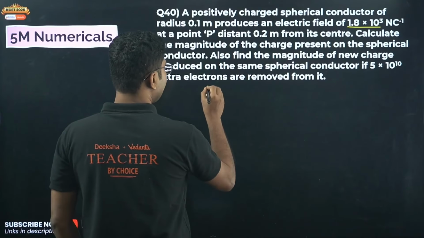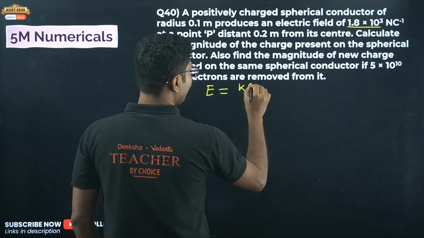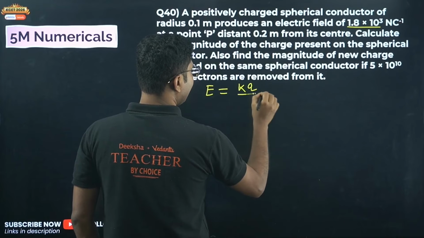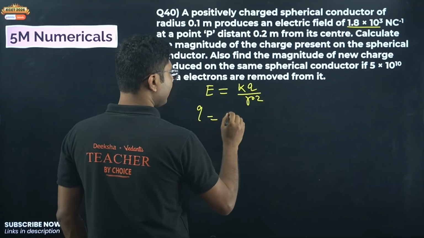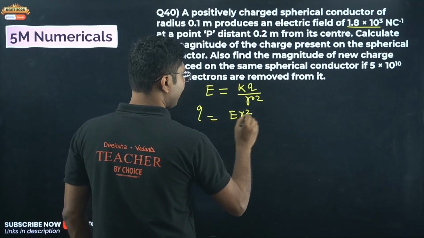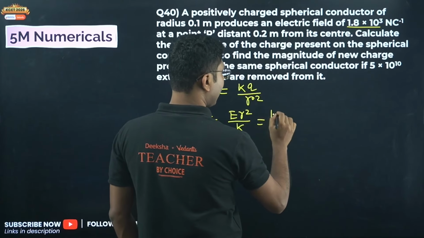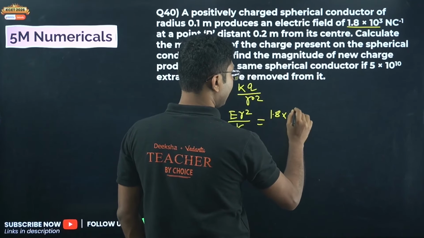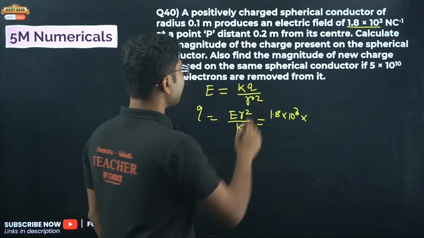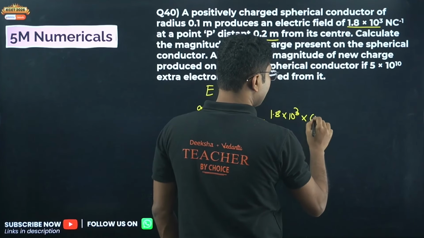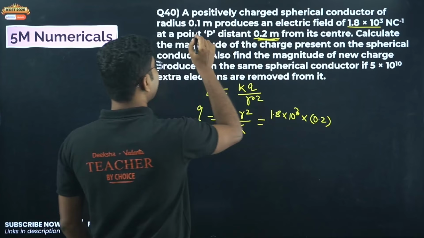Okay, so electric field is given by K Q by r square. So Q must be equal to E r square by K. E value is given, 1.8 into 10 to the power of 3, and R value is given here as 0.2 meter. Just be careful that this distance must be bigger than the radius.